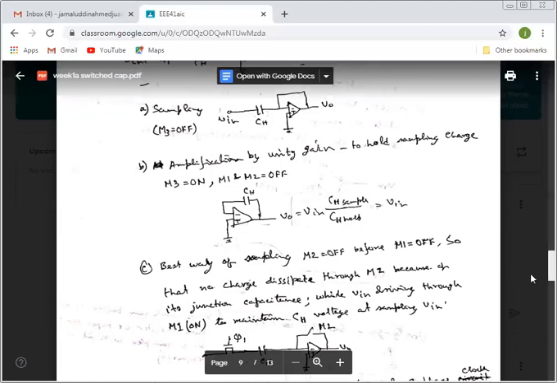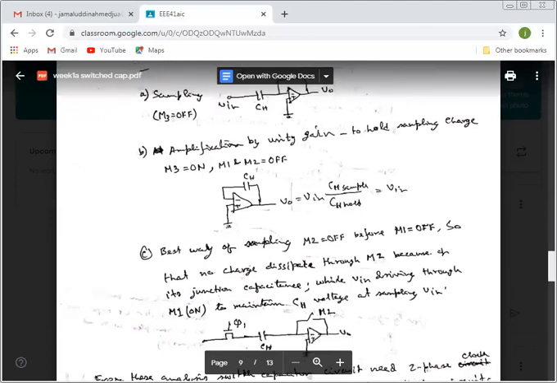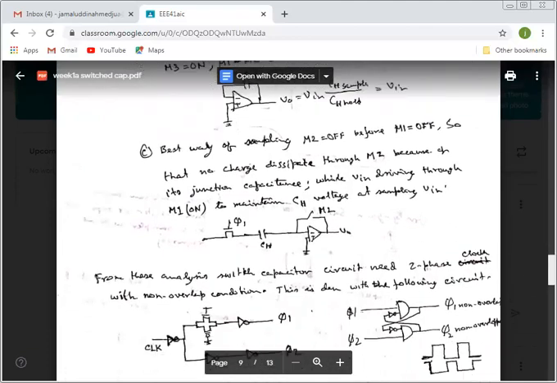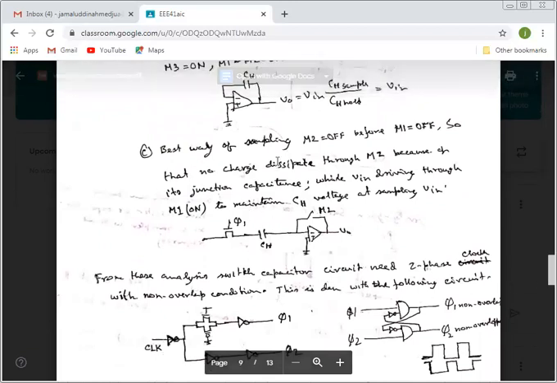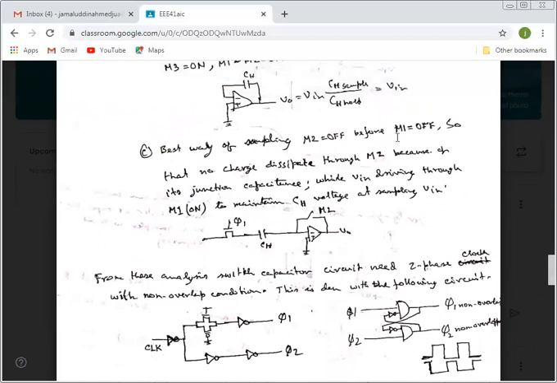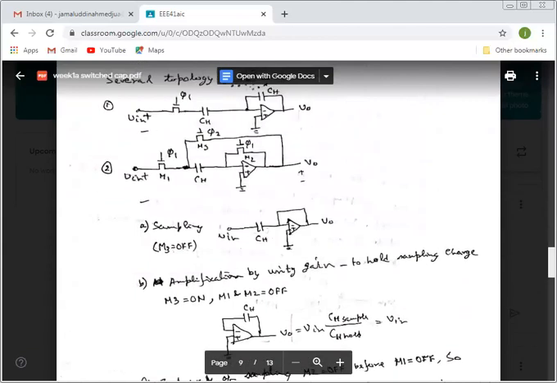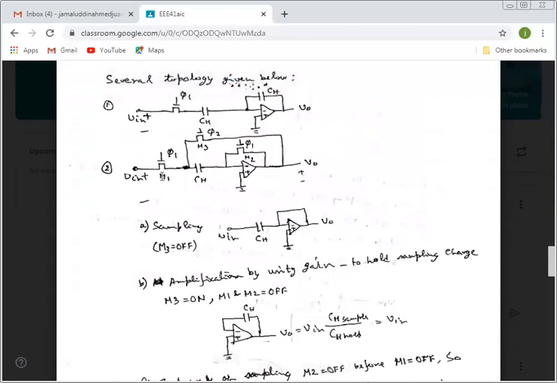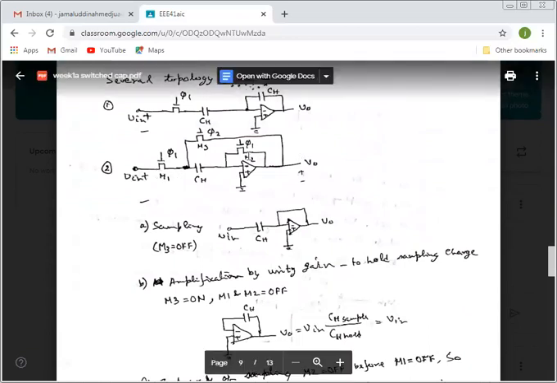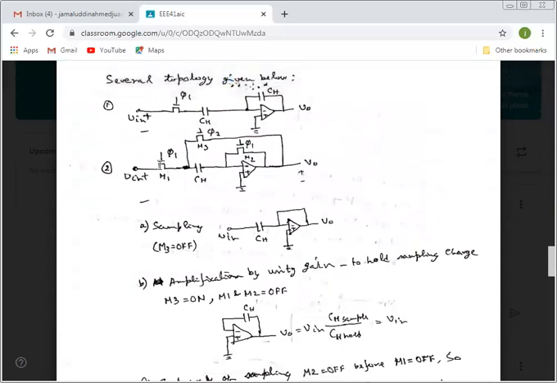Another way is doing this. The best way of sampling is M2 off before M1 off. So like this one, M2 off before M1 off. If it is disconnected first and then this one, then this charge will stay here.